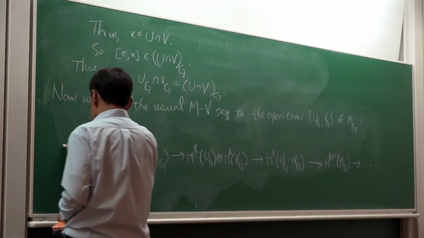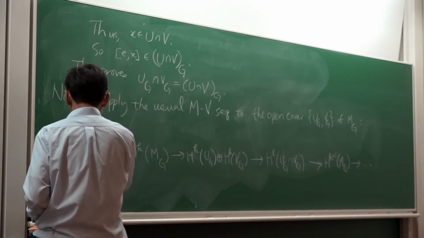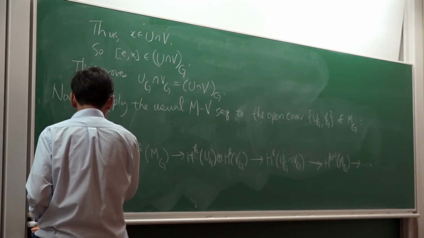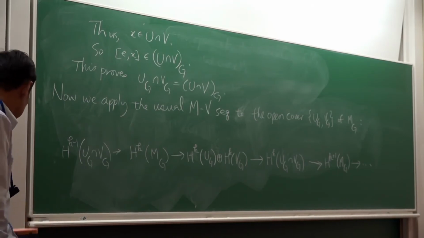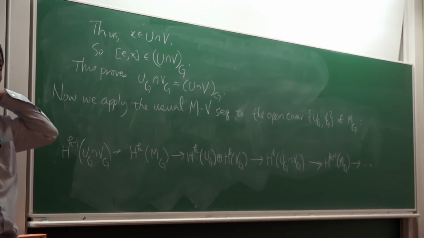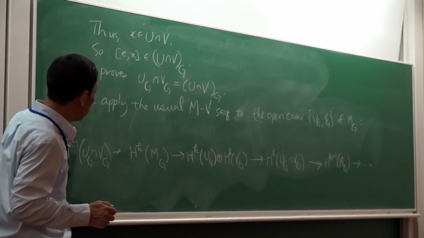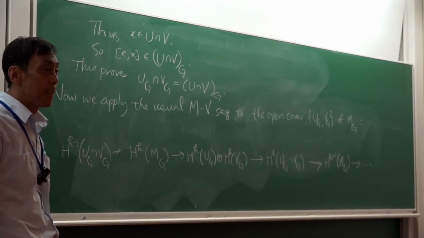And this comes from H^k of the intersection. So the usual Mayer-Vietoris sequence will give us this exact sequence.